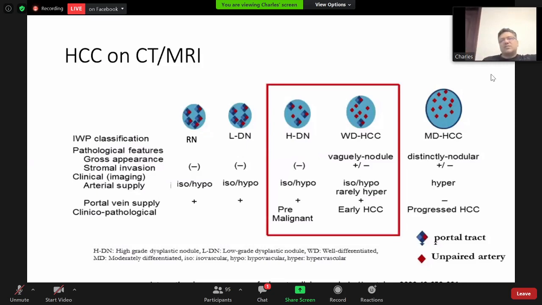So that becomes hypoattenuated compared to the surrounding liver. That's why you get the washout. So as we progress from the regenerating nodule to the dysplastic nodule to the hepatocellular carcinoma, HCCs are supplied by the unpaired arteries and you get hyperenhancement. And since there's no portal vein there, there's a venous washout in the venous phase.